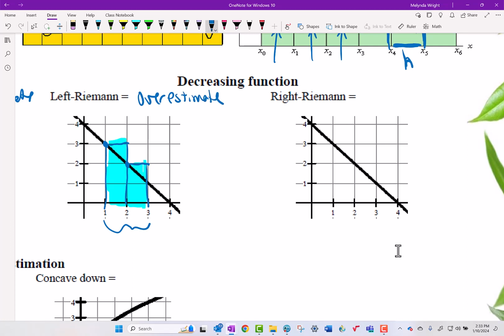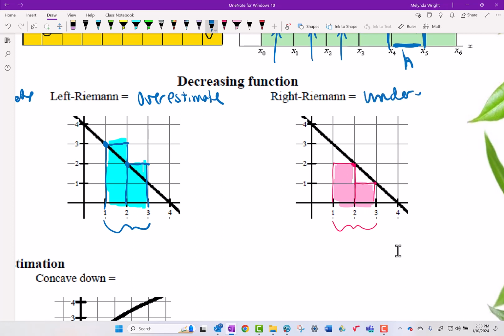Okay, let's look at the right Riemann sum. Again, we'll just go 1 to 3. So I'm using my right top corner to determine the height of my rectangle. And so we would calculate these areas right here. And this would give me an underestimate.